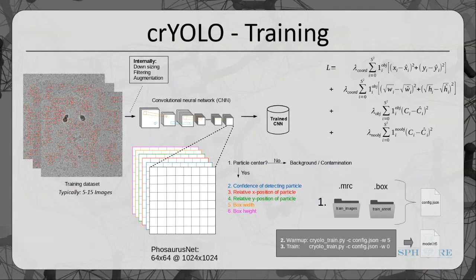Then you do the full training. This is command number 3 here. Typically after 20 epochs, it converges to a result. The complete training process on our machines lasts roughly 8 minutes for 5 to 15 images. If you have more training data, then it will last longer, of course.